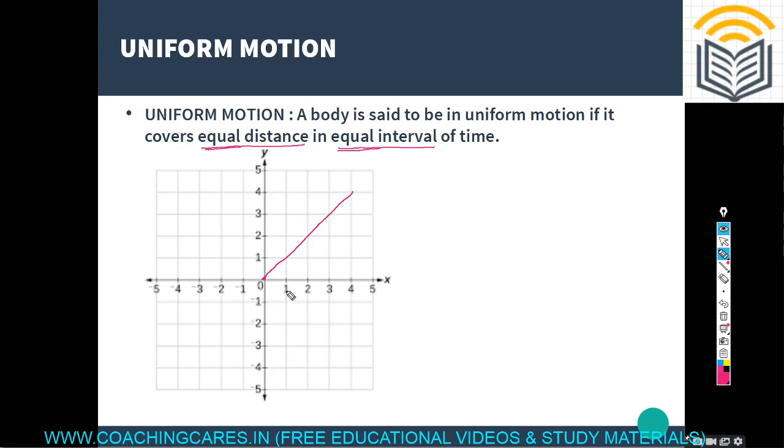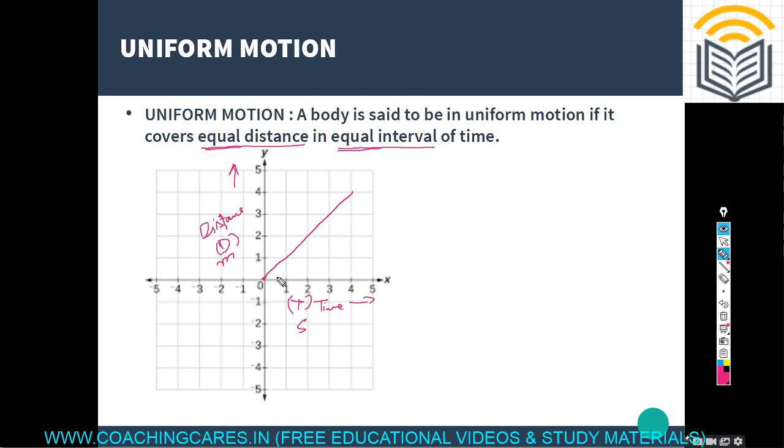Say on the x-axis I am taking time, and on the y-axis I am assuming this is the distance. This is time and this is distance. Time is in seconds, I am assuming, and distance is in meters.